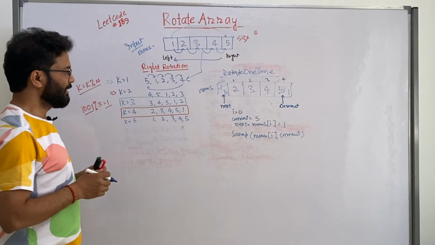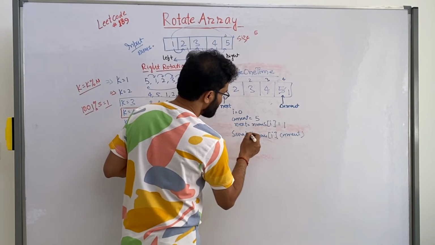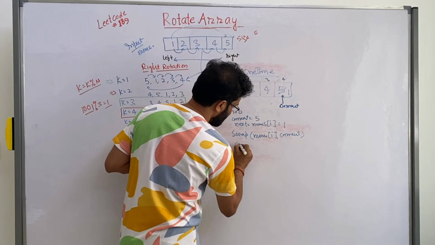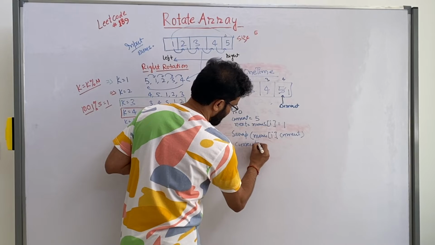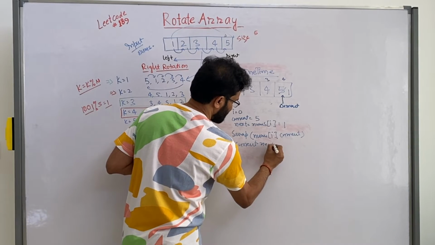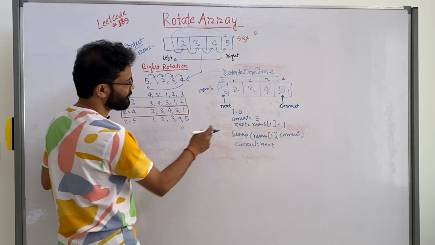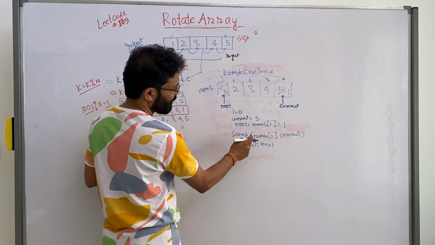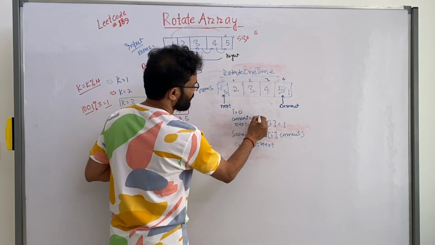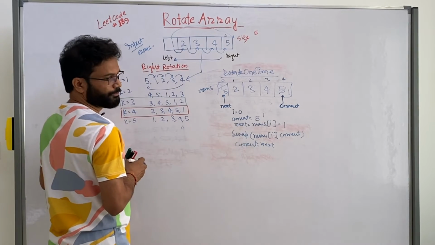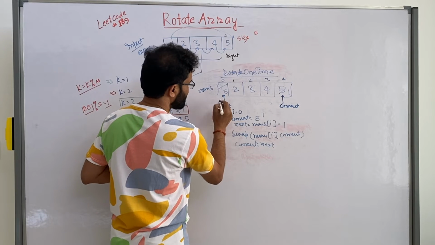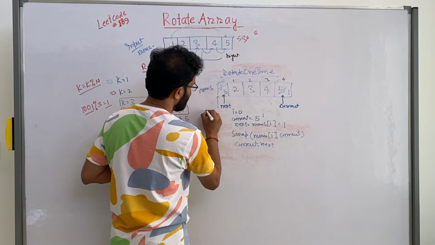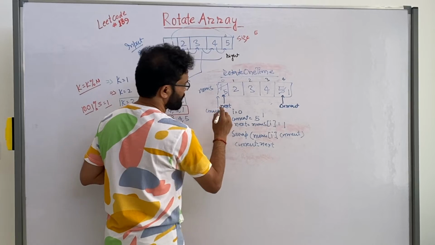Right? And then next time your current should be the next. Means earlier your current had the 5, now your current should become the 1. So now your next is also here and current is also here.